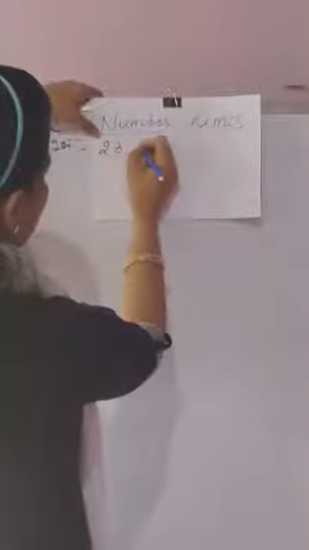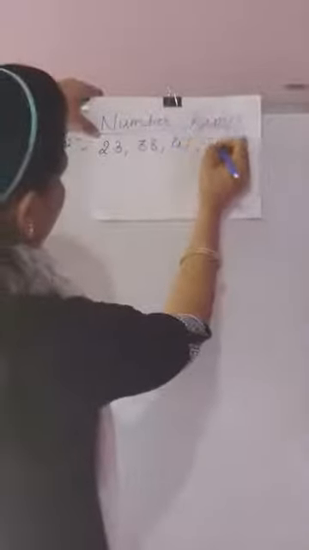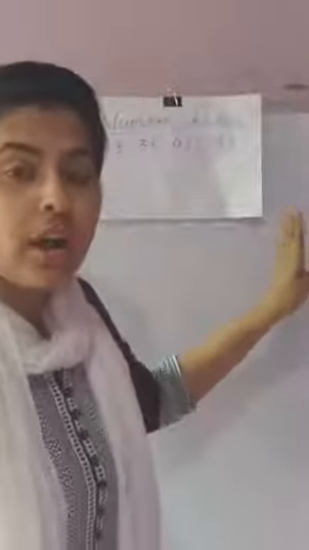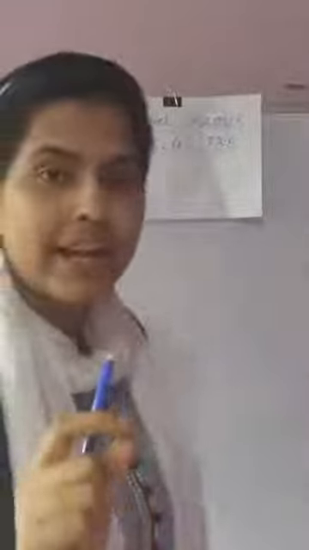Some concept I want to recall for you: when we write the numbers, let us take some numbers 4, 2, 7, 3, 8. While writing number names, you always have to keep in mind the periods. Because whenever a period comes, you have to write that period also.